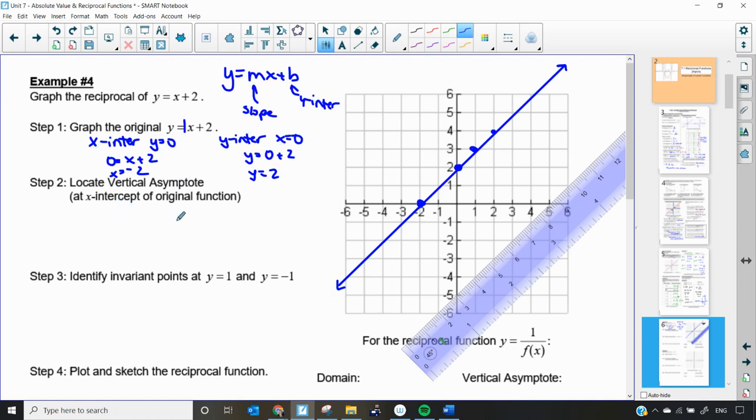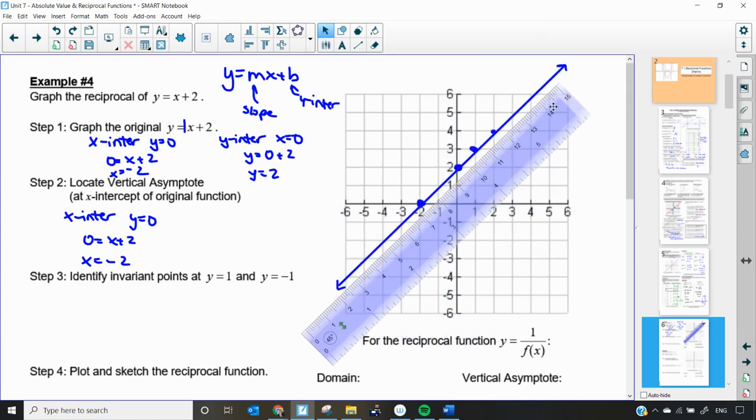Now, the next step is to find our vertical asymptote. Well, we know our vertical asymptote always happens at the x-intercept of the original function. So again, going back to what we just did, our x-intercept happens at y equals 0. So we could plug in 0 equals x plus 2 and x equals negative 2. So that means we have a vertical asymptote at x equals negative 2.